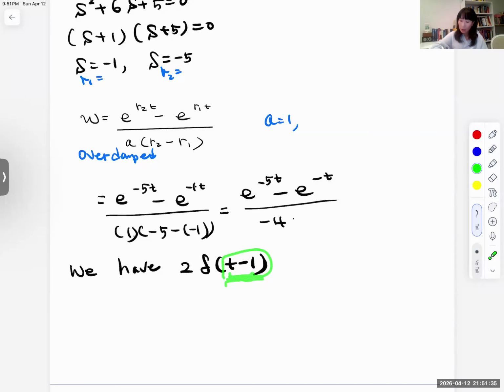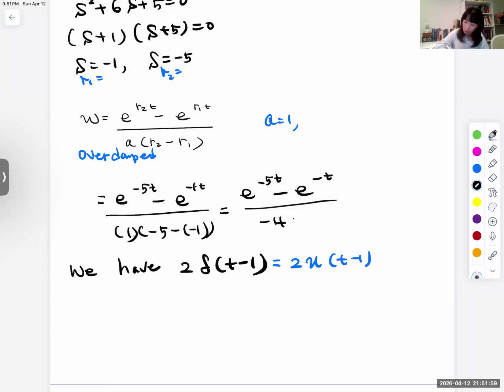So instead of writing t, we're using t minus 1. Yeah? We just learned that, right? Okay, so we will have that. This one we can express as a u step function. So u t minus 1. So 2 u t minus 1.